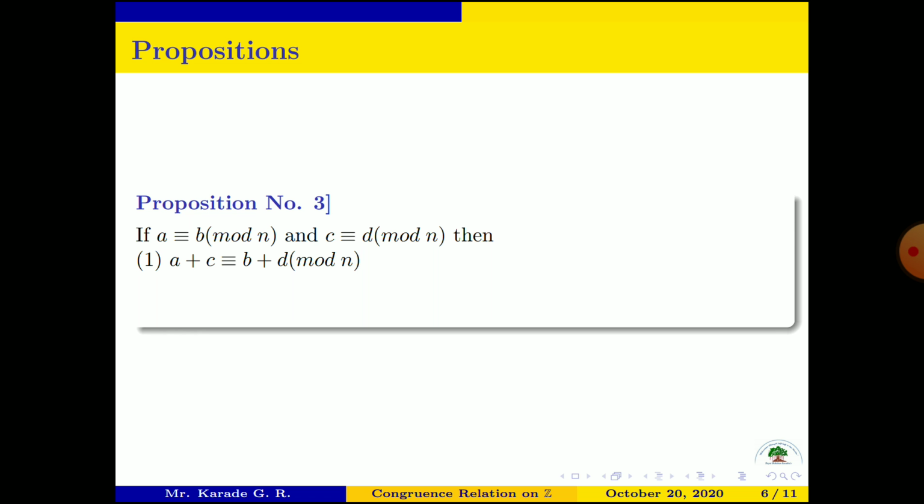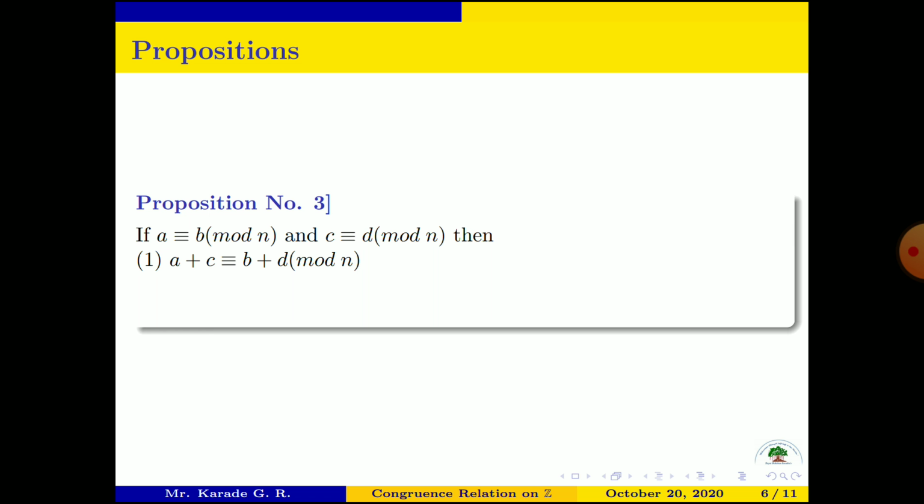So a congruent to b mod n and c congruent to d mod n. These congruent relations we can add left hand side into left hand side and right hand side into right hand side. Means a plus c is congruent to b plus d mod n. So we will prove this property.